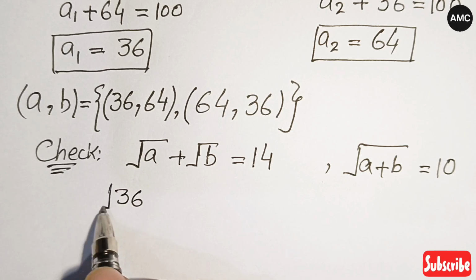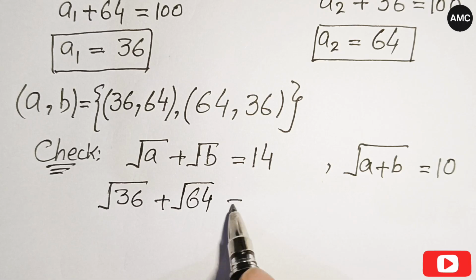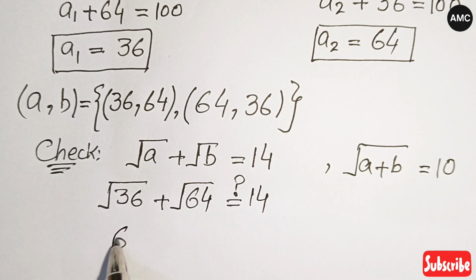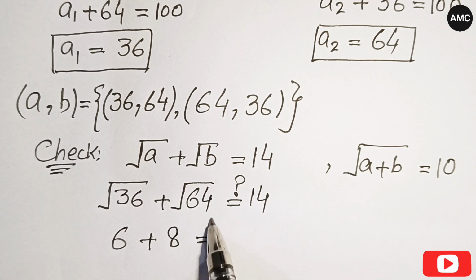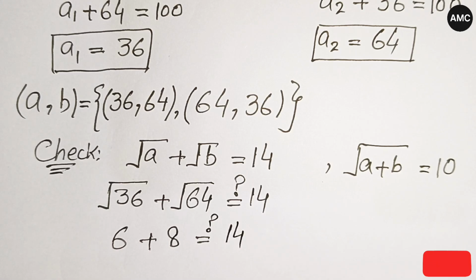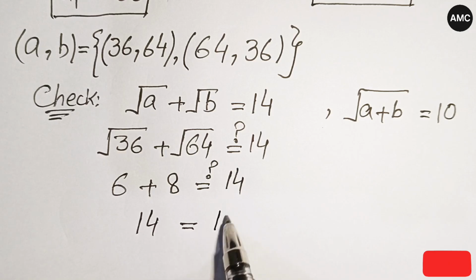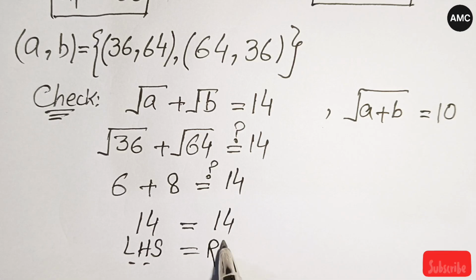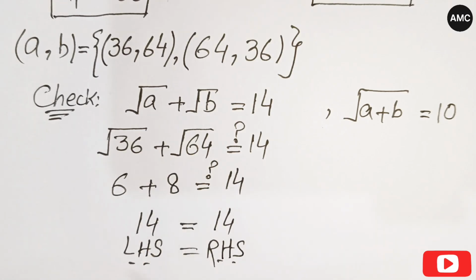So square root of 36 plus square root of 64, is it equal to 14? Now square root of 36 is equal to 6 and square root of 64 is equal to 8. Is it equal to 14? And we have 8 plus 6 is 14. So yes, 14 is equal to 14. Hence our left hand side is equal to right hand side. So we have just proved this pair for our equation number 1.